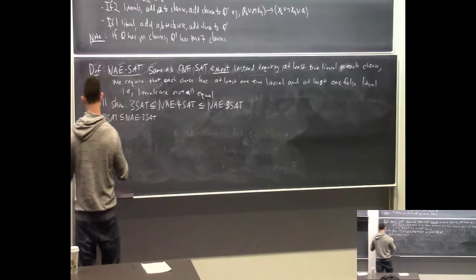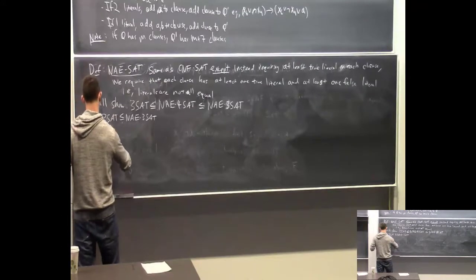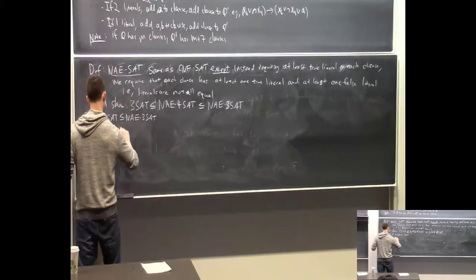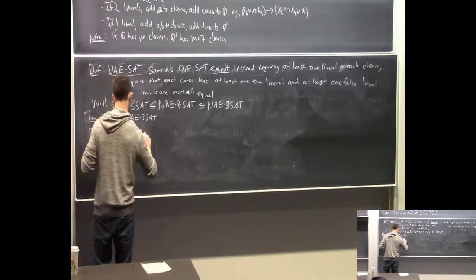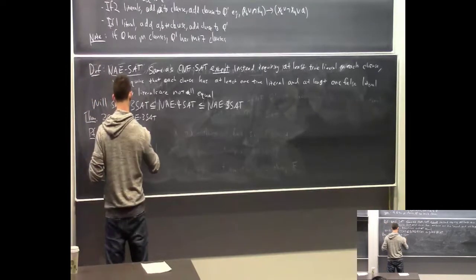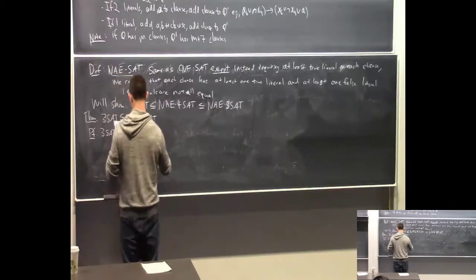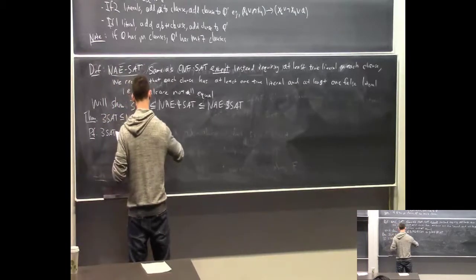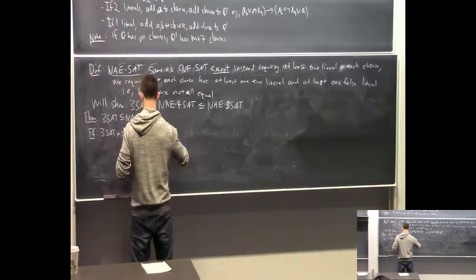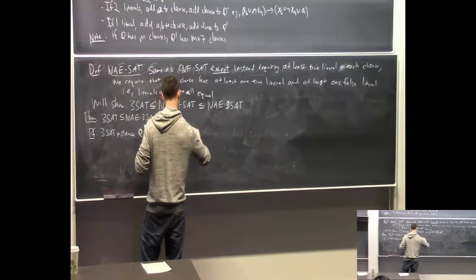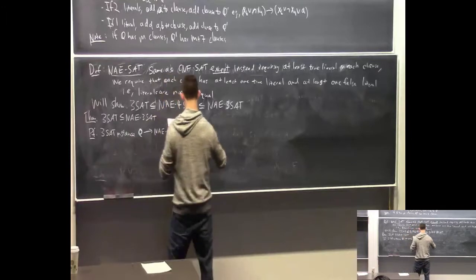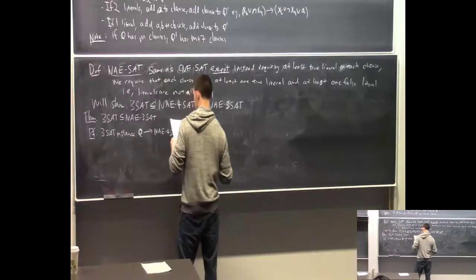So the proof. We'd like to take a 3-SAT instance phi and get an NAE 4-SAT instance phi prime.